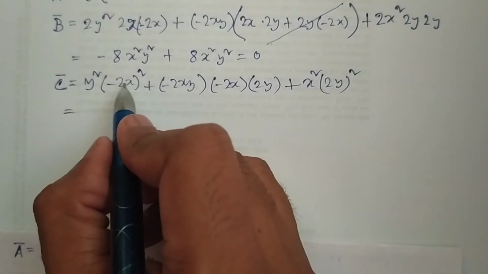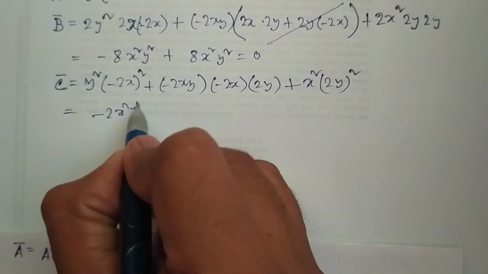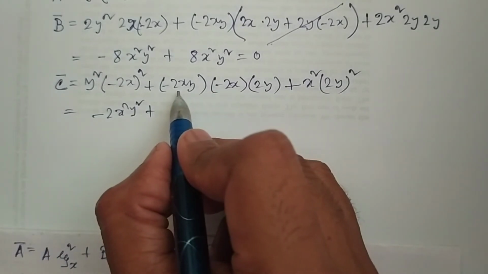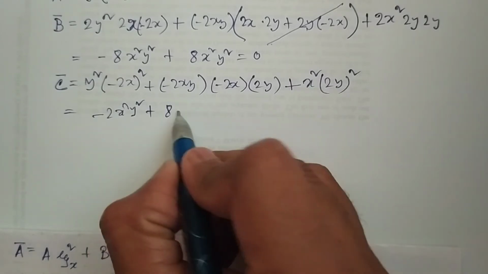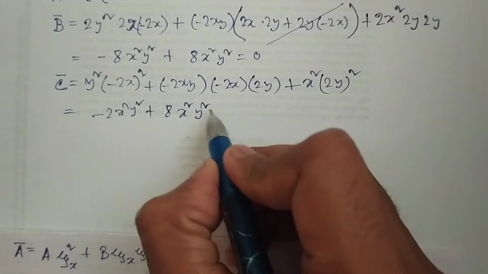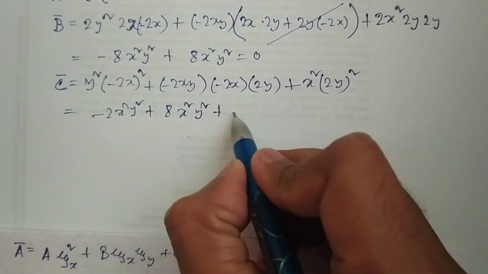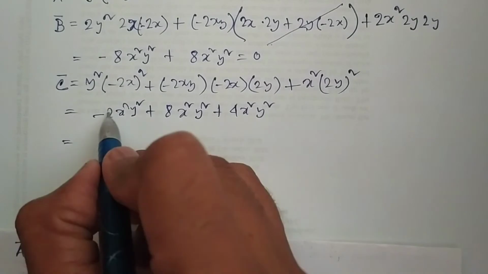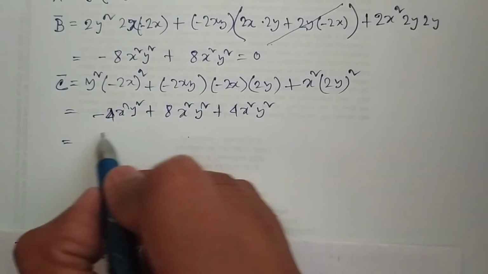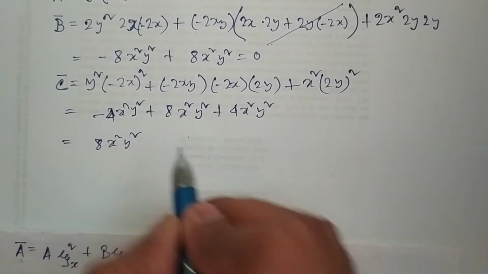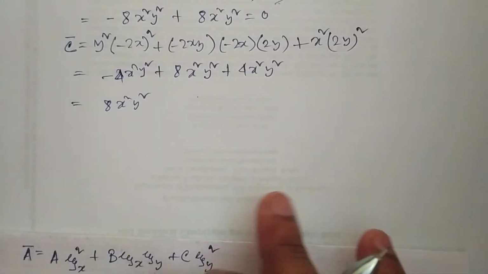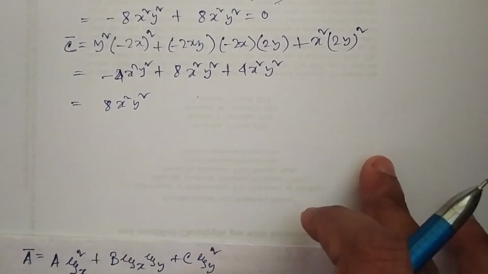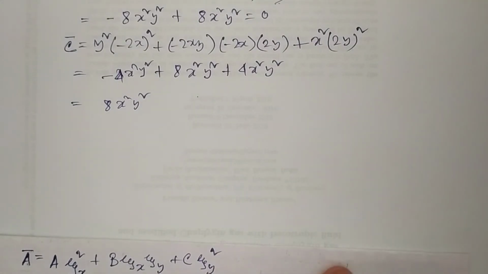So we have this minus 2x square y square plus 8x square y square plus 4x square y square. So sorry, this is 4 and we have 8x square y square, right? If I'm not wrong, you just check the result. I hope I have not made any mistake.